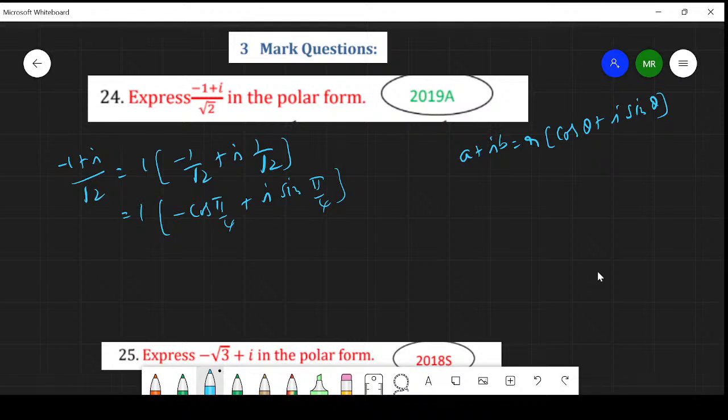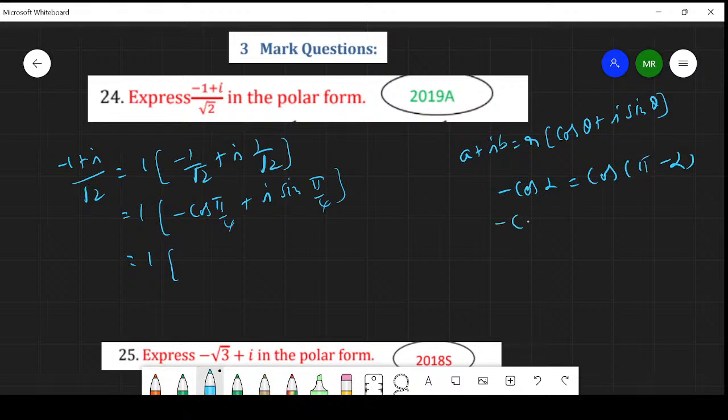So we know that -1 by root 2 is minus cos pi by 4, plus i sin pi by 4. In the previous class I told you, whenever minus cos alpha, you can write cos of pi minus alpha.